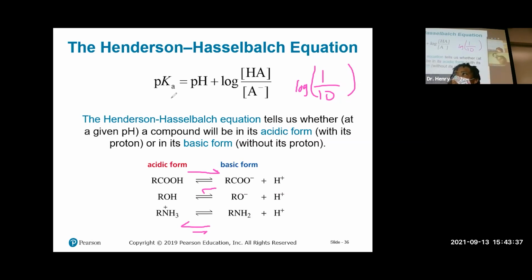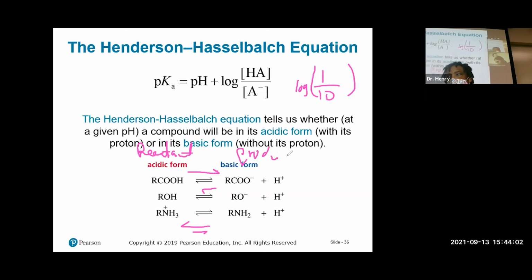Okay, so here this says that the bottom side means that the base is 10 times greater in concentration than the acid. So here's the acid, here's the base. The acid is on our reactant side, and the base is on our product side.